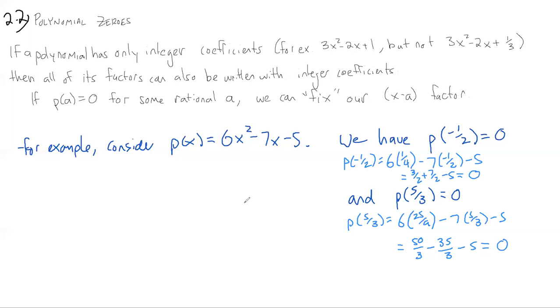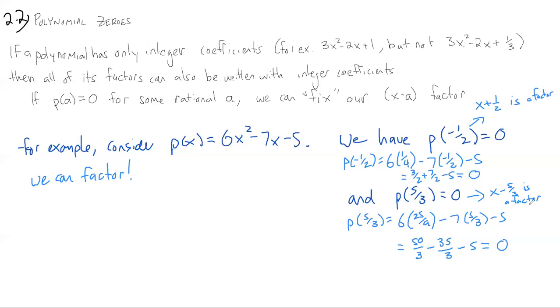And then we know that we can also factor this thing. Maybe before I factor, what these two statements mean in our language is that x plus 1/2 might be a factor, and this one says that x minus 5/3 is a factor.